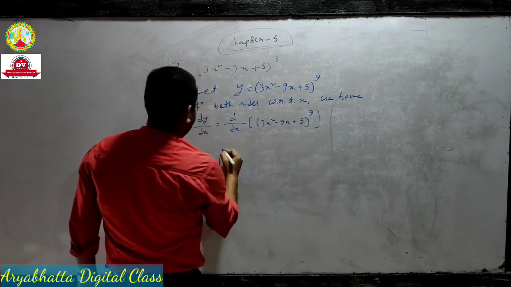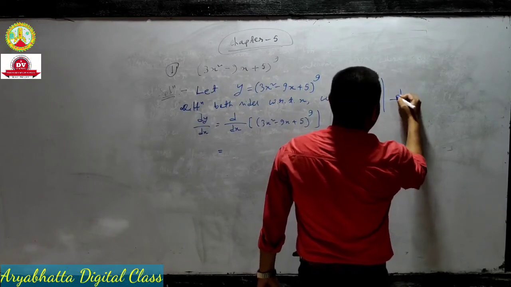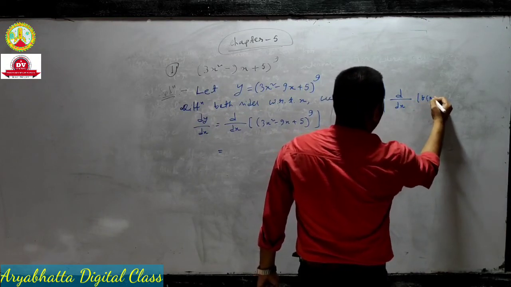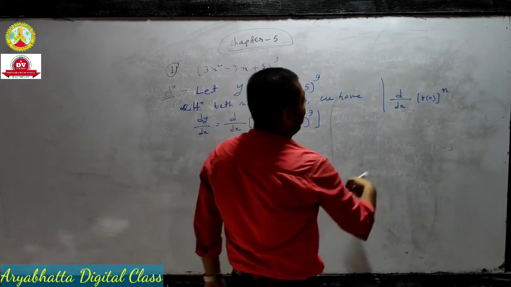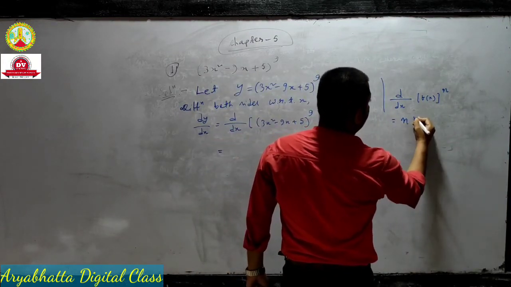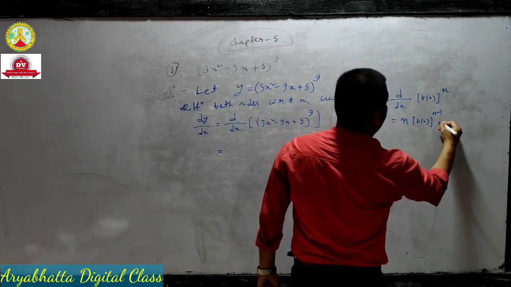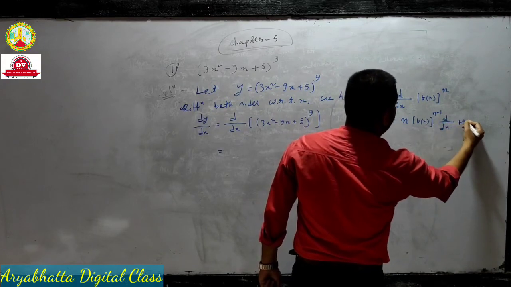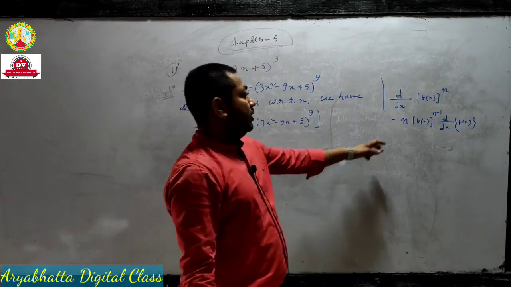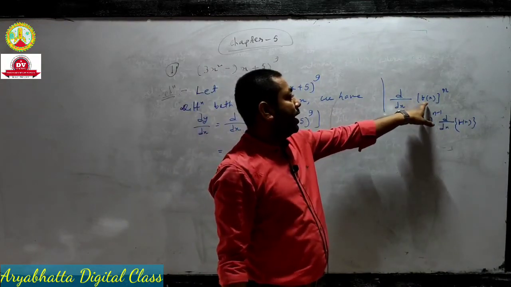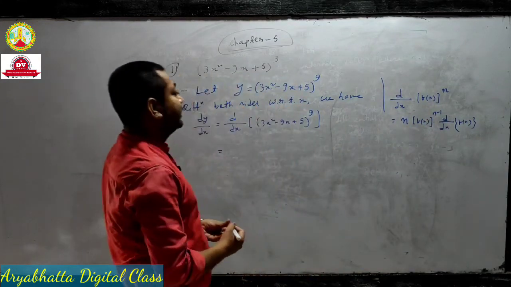We know that d by dx of f of x whole to the power n is equal to n into f of x whole to the power n minus 1 into d by dx f of x.